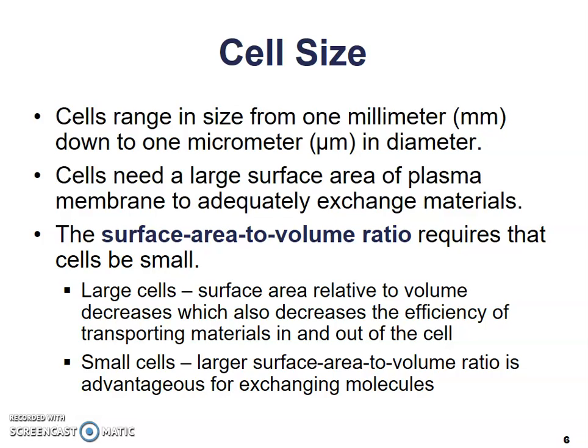If we, however, increase the number of cashiers, or number of registers, we increase the speed at which things can get in and out. So a large cell would be like one register open at Walmart. A small cell would be like having 50 registers open at a time. The larger surface area to volume ratio is advantageous for exchanging molecules, for things getting in and out.